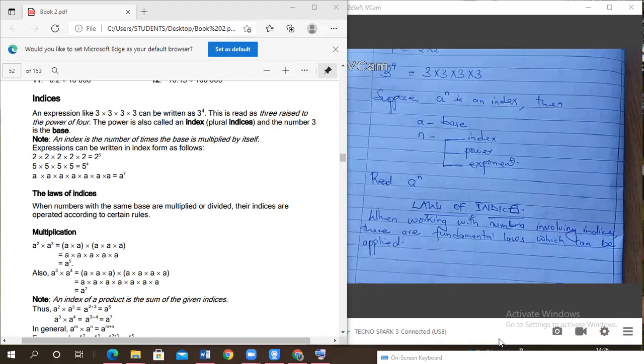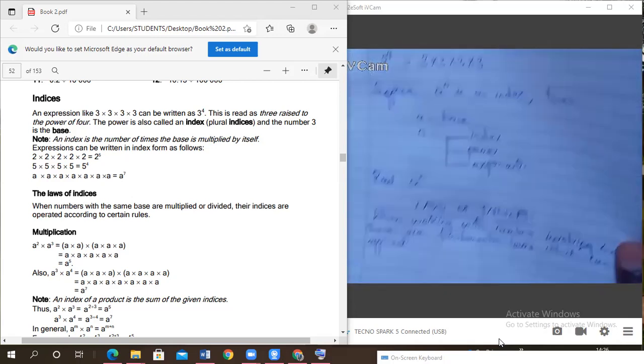Are you together? Yes. Let's write down the laws.